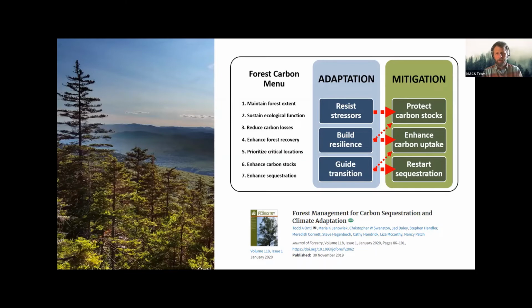Building resilience can both protect carbon stocks and enhance sequestration, or carbon uptake. And guiding transition can have carbon benefits largely through sequestration, but also through enhancing carbon uptake through existing characteristics of the forest as well.